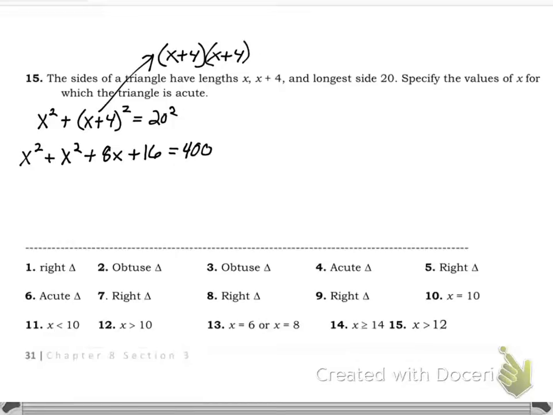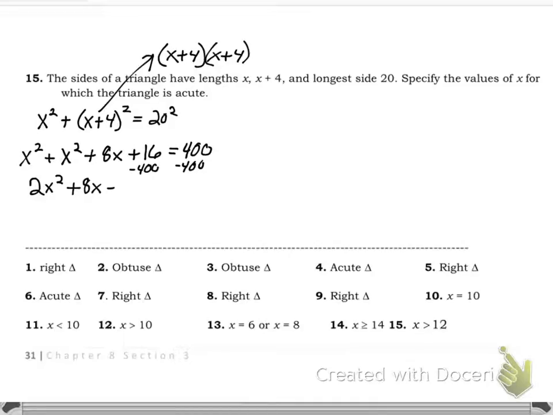Greater than, I'm sorry, I can't remember if I'm looking for acute or obtuse. Yeah, it depends on which way you're looking at it. We want our hypotenuse to be smaller, right? Okay, so as we go down solving this, we're going to notice that our x squareds do not cancel out. We're going to have 2x squared plus 8x. I would subtract 400 from both sides.